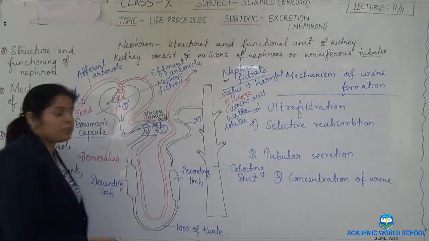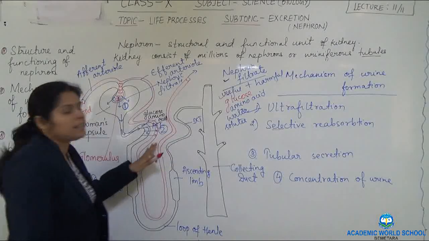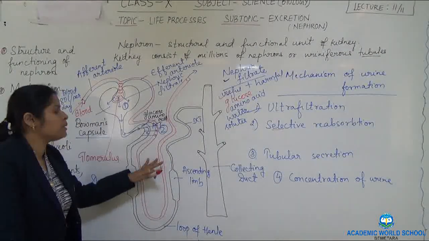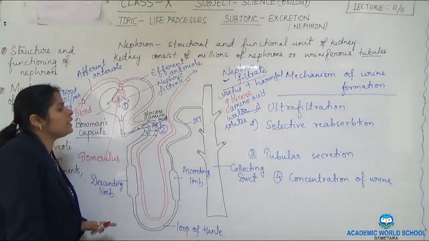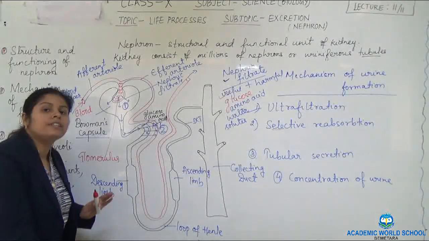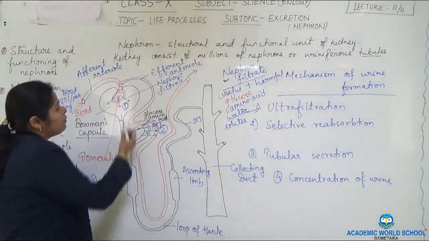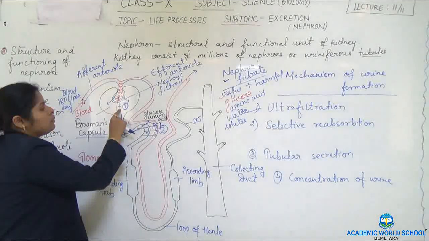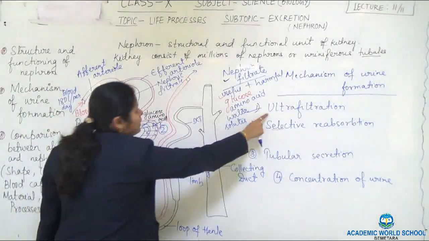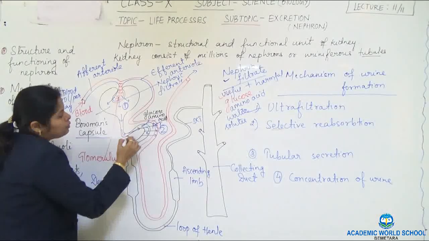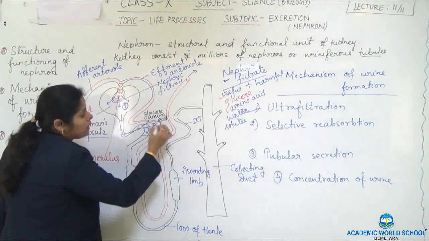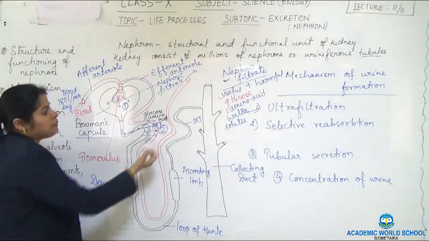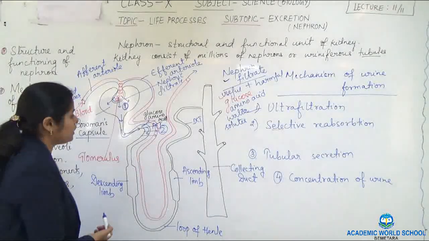I am numbering it, I am not writing the whole name of the process here because we will not get proper space available here. I will write down the numbers from where you will understand in which part which step is taking place. So the first step was taking place in the Bowman's capsule, which I labeled as 1, that is ultrafiltration. When it moves down, the useful materials will be absorbed in the proximal convoluted tubule. The second step, that is selective reabsorption.